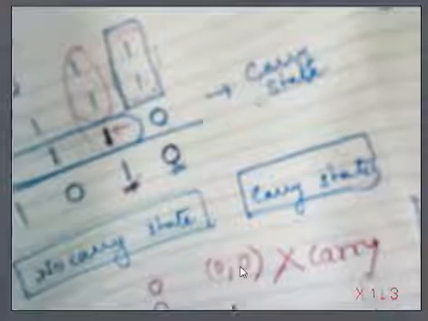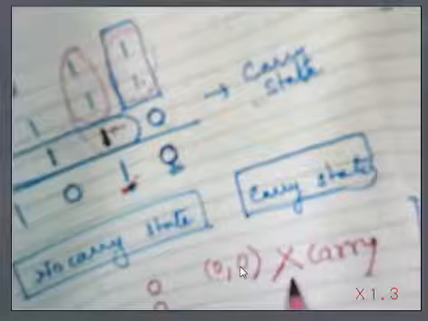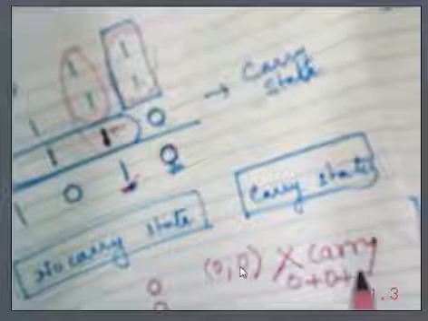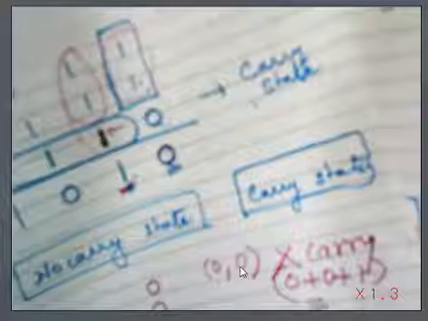So what will be the next state when this combination will be there? If my input is 0, 0 and currently I am in the carry state. So it is nothing but 0 plus 0 plus 1. Is this addition generating any carry?